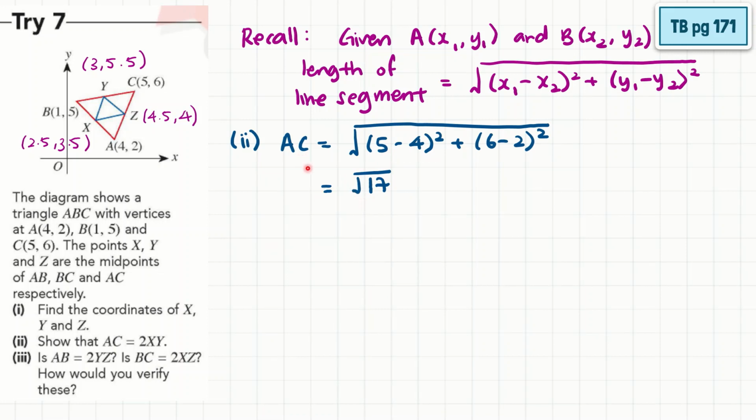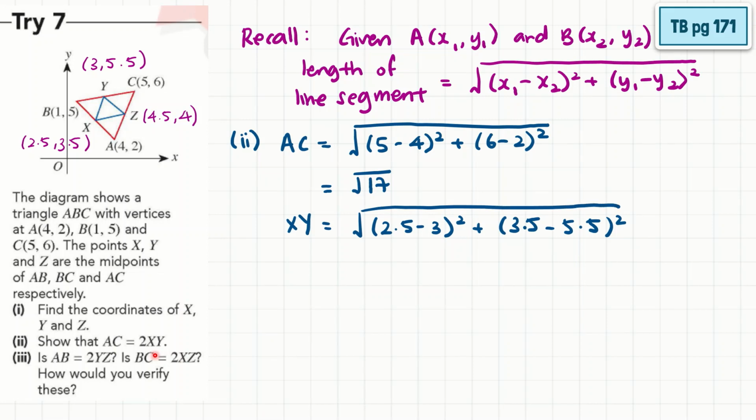So now that I have already found AC, I need to find out what XY is. We don't try to find out what 2XY is first, so let's do things one step at a time. To find the length of line segment XY, using the same formula, I will be able to do this calculation, for which I will get a value of square root 17 over 4.